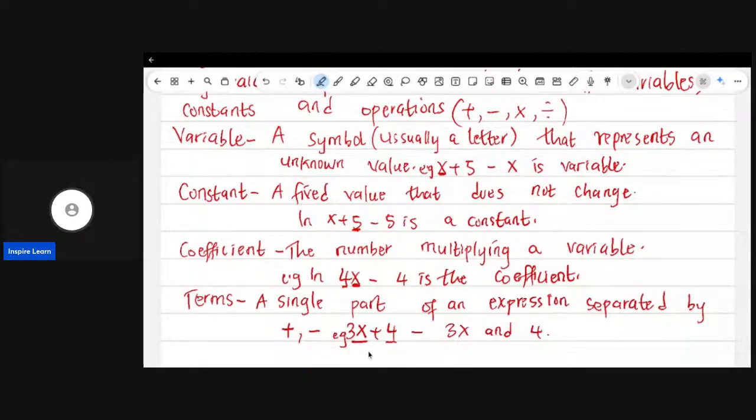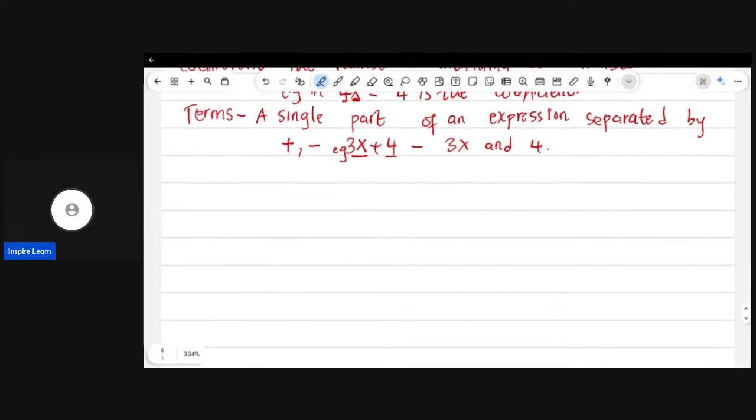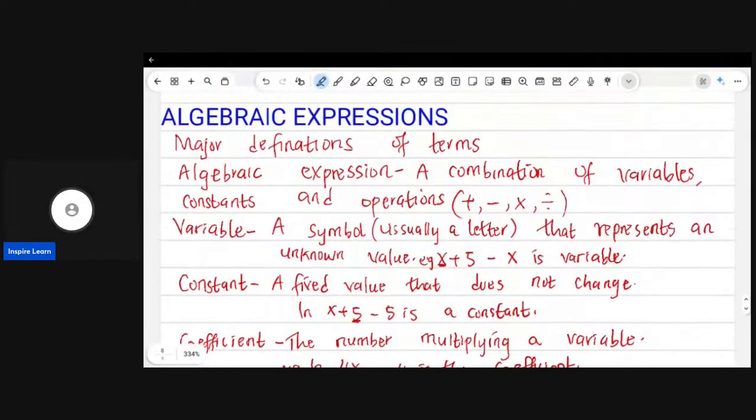From there, we can now go to formation of real life algebraic expressions. How can we form algebraic expressions? So that is going to be our next part. We have defined what an algebraic expression is. We have said that it's a combination of variables, constants, and operations.